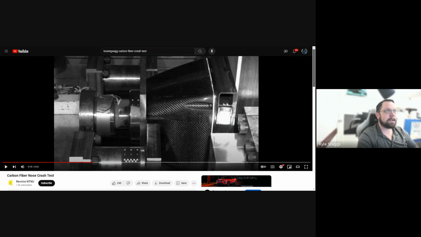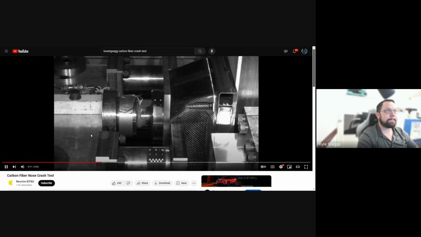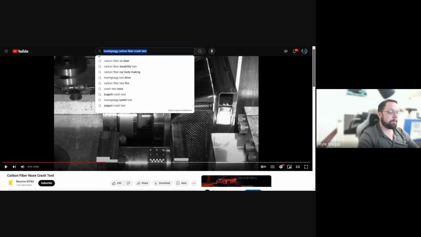So notice that it just fractures and sends pieces everywhere. There's a couple other examples.